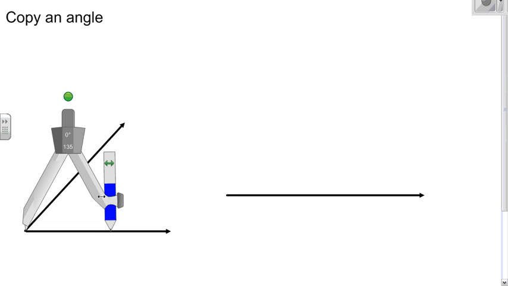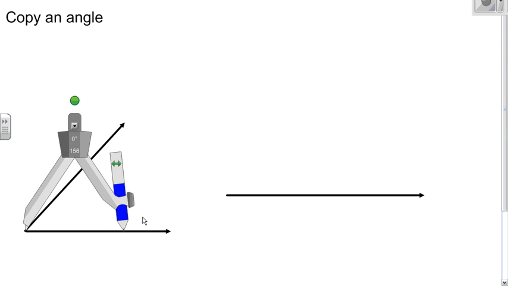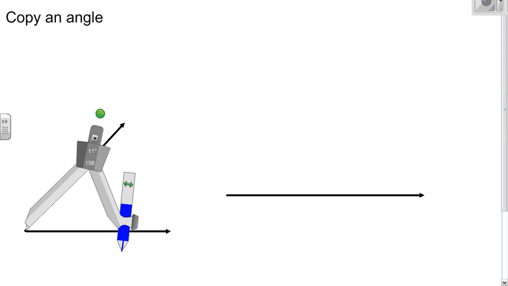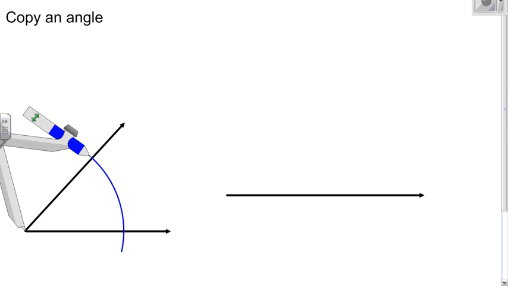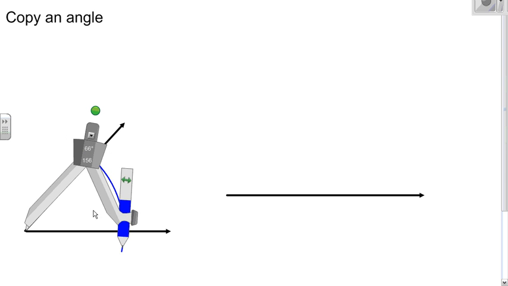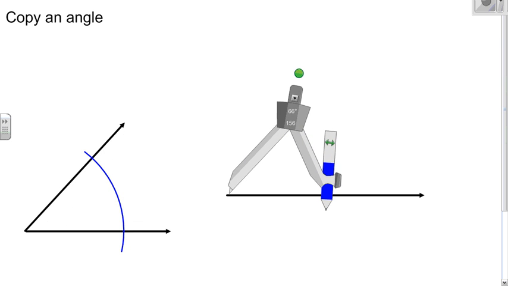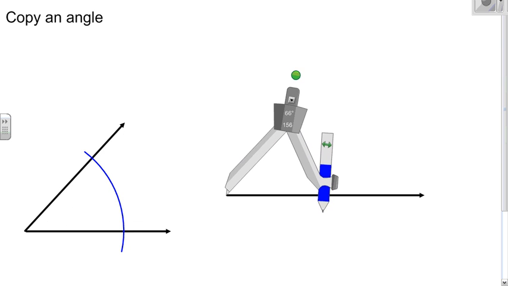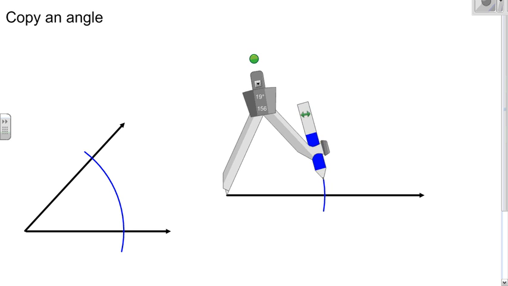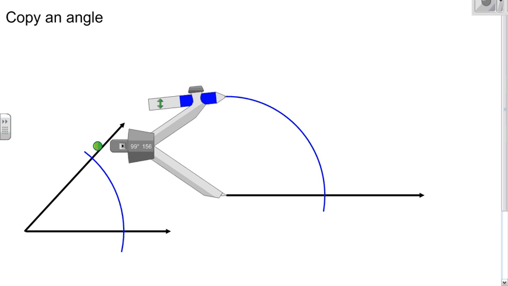But once you have an arbitrary distance stretched out on your compass, go ahead and make an arc that goes through both sides of your angle. Then on your ray that you're going to be copying the angle onto, make that same arc. Make sure you go far enough that you will be able to get the other side of the angle in there.